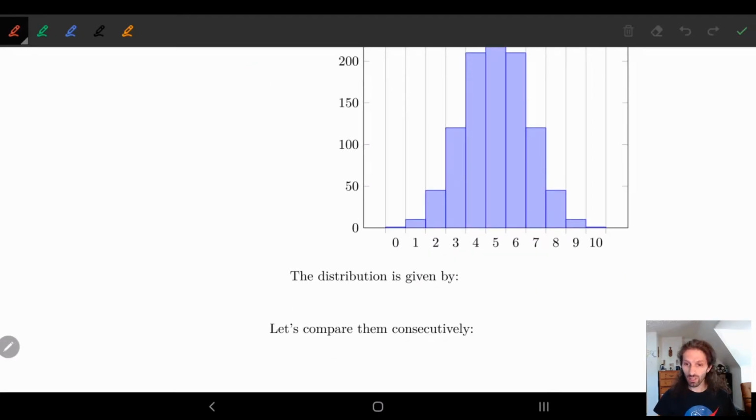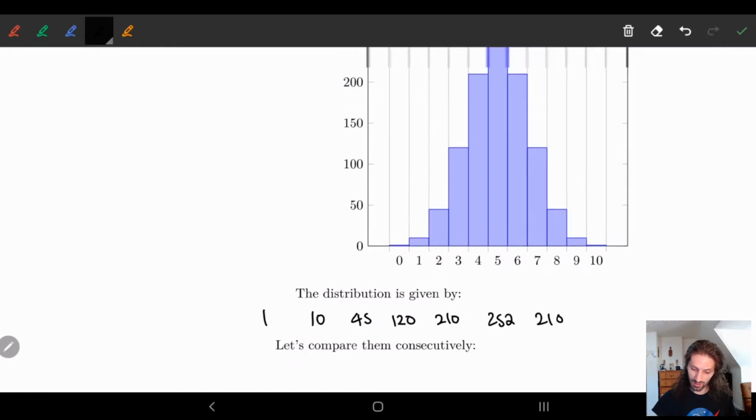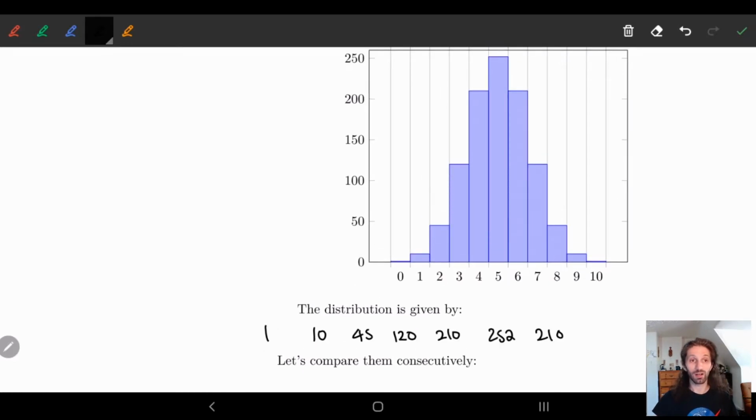And actually, I know exactly what this is. I'll write these down in black. We have 1, 10, 45, 120, 210, 252, and then we go back down. You can see this is exactly identical on either side: 120, 45, 10, and 1.